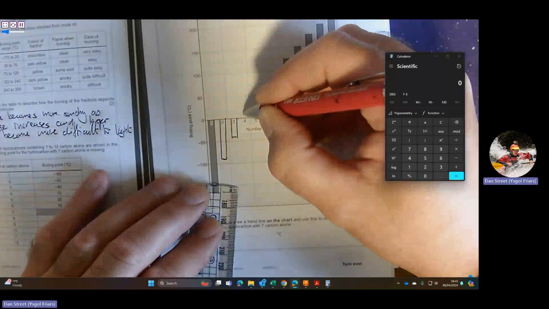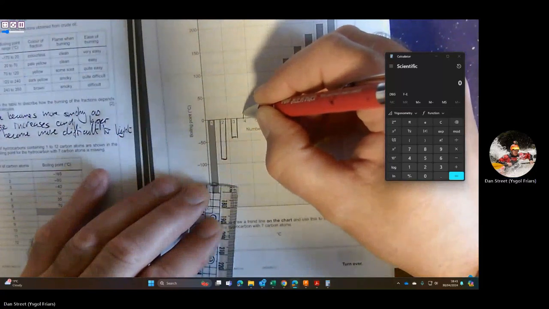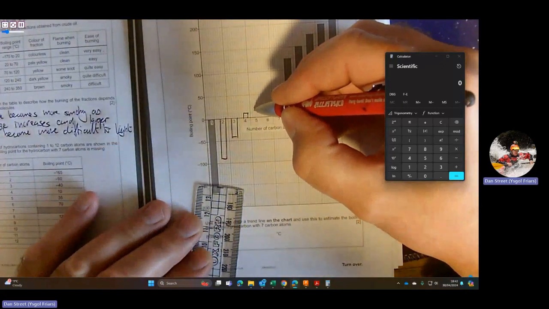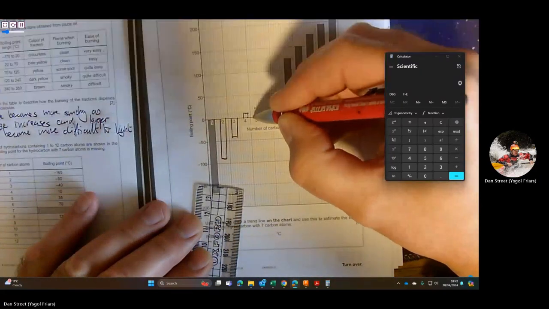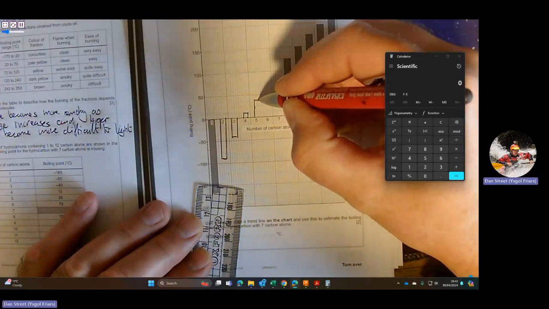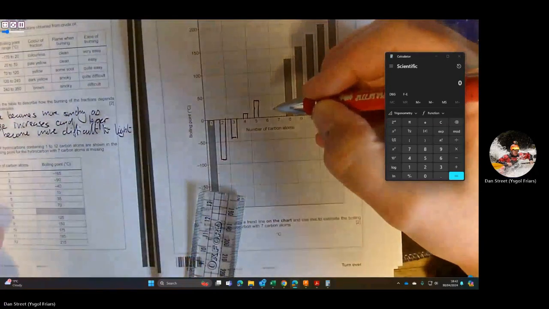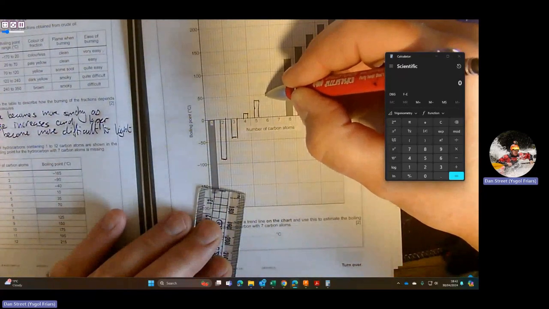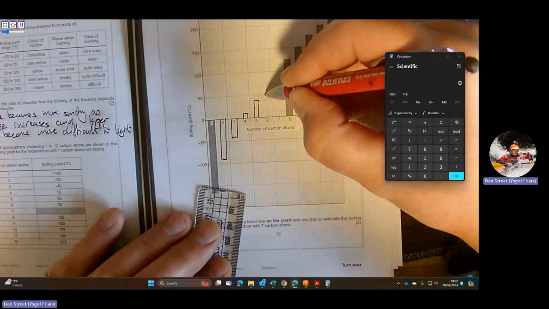And then we've got 10, so 10 is going to be there. And then for 5, we've got 35. And then for 6, we've got 70, so 70 is going to be 4 squares above.